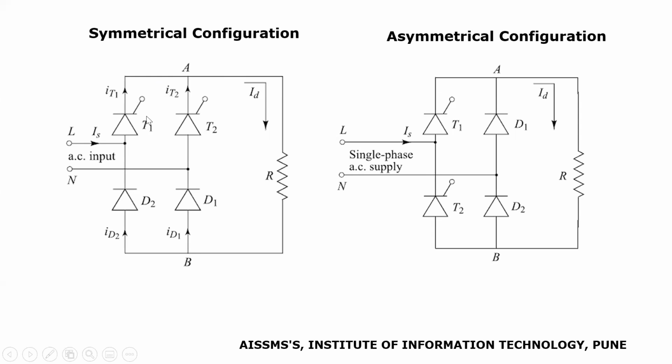Also, the cathode of 2 thyristors in a bridge rectifier are connected to same potential. So we can connect the gate terminal of these 2 thyristors together and we can use a single triggering circuit to apply a triggering pulse to these thyristors. Whichever thyristor is operating in forward bias condition will get turned on. So this is called as symmetrical semi-controlled converter.